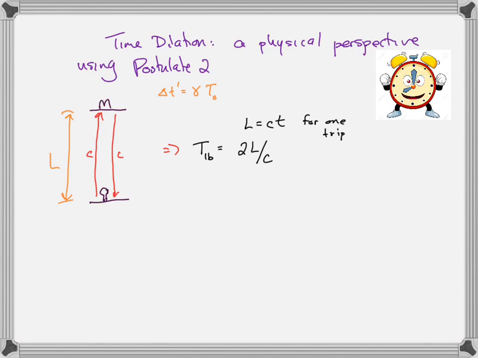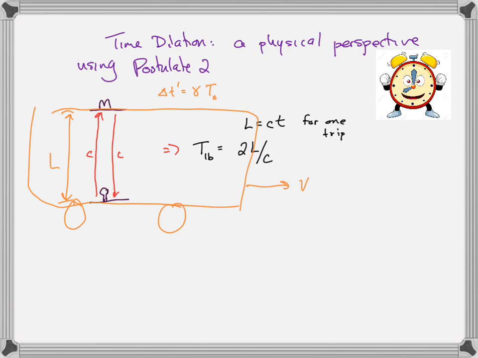Okay. So then let's say that this experiment is being done on a train. We love trains, right? So in actuality, there's a train car here, and the train is moving at speed v relative to somebody who's stationary on the platform.